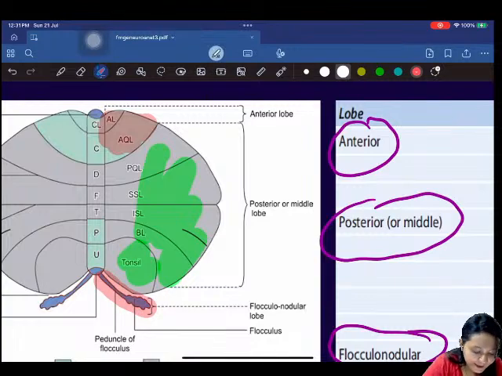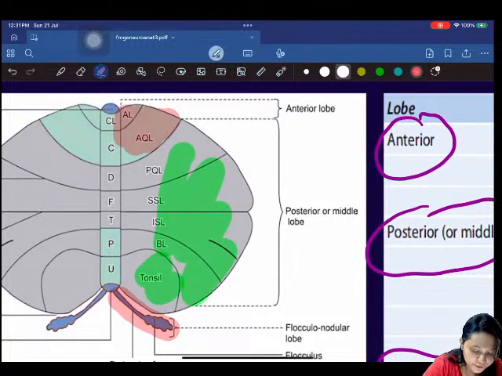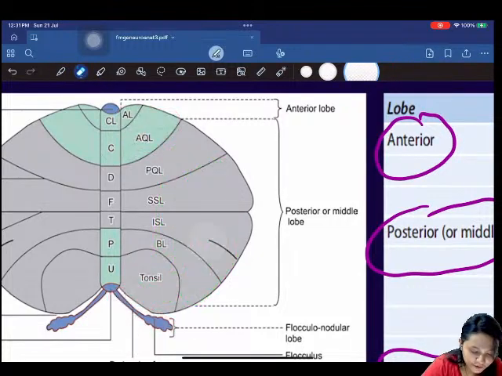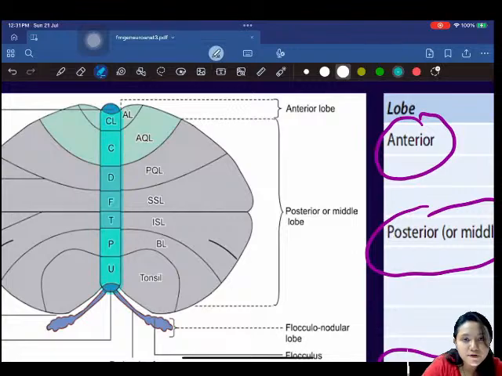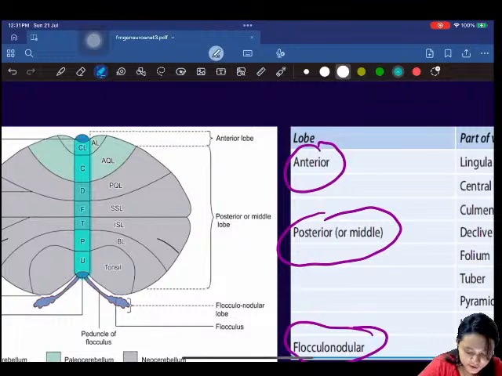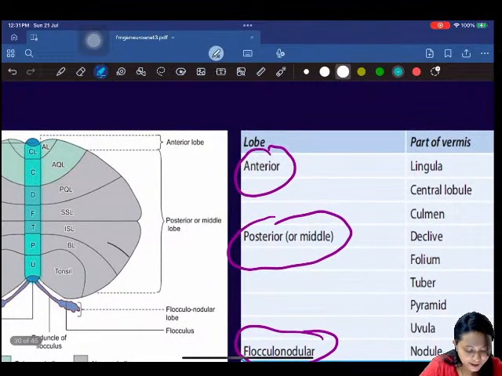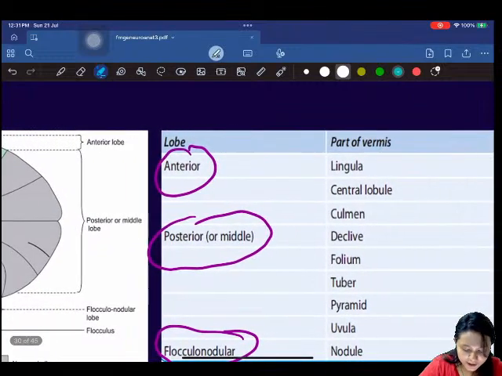Then you have certain structures corresponding to those lobes, known as the vermis, the midline structure. In the anterior lobe, you have the central lobule, the lingula and the culmen.